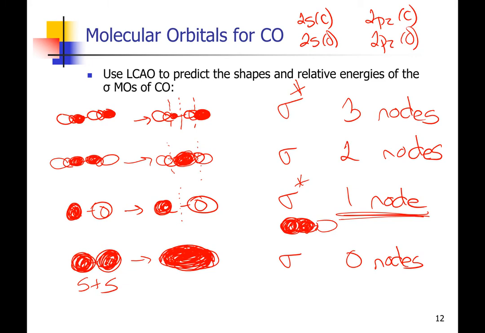So there are going to be different ways to get at the same overall answer, and you'll see when we get to our diagram that that's okay. Sometimes we make judgment calls, and we want you to think about what is and isn't reasonable. We don't want you memorizing pictures.